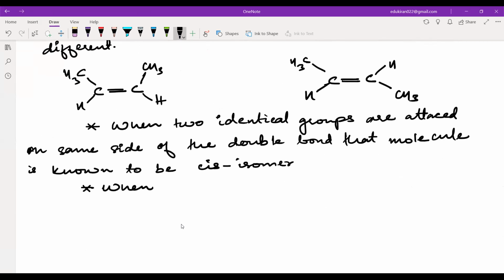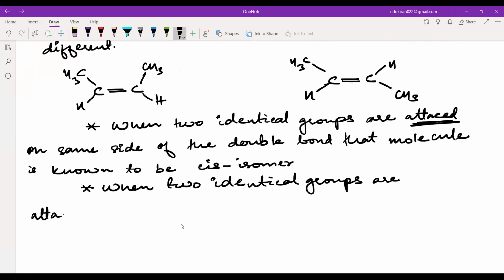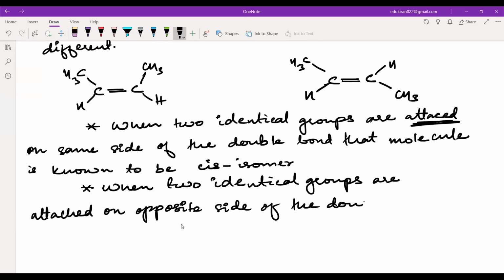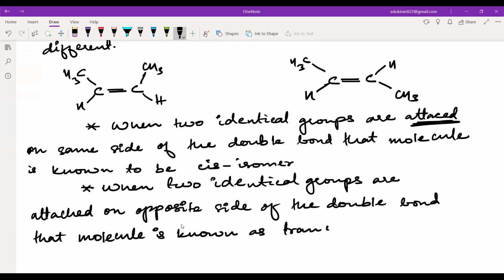And when two identical groups are attached on opposite side of the double bond, that molecule is known as trans isomer.